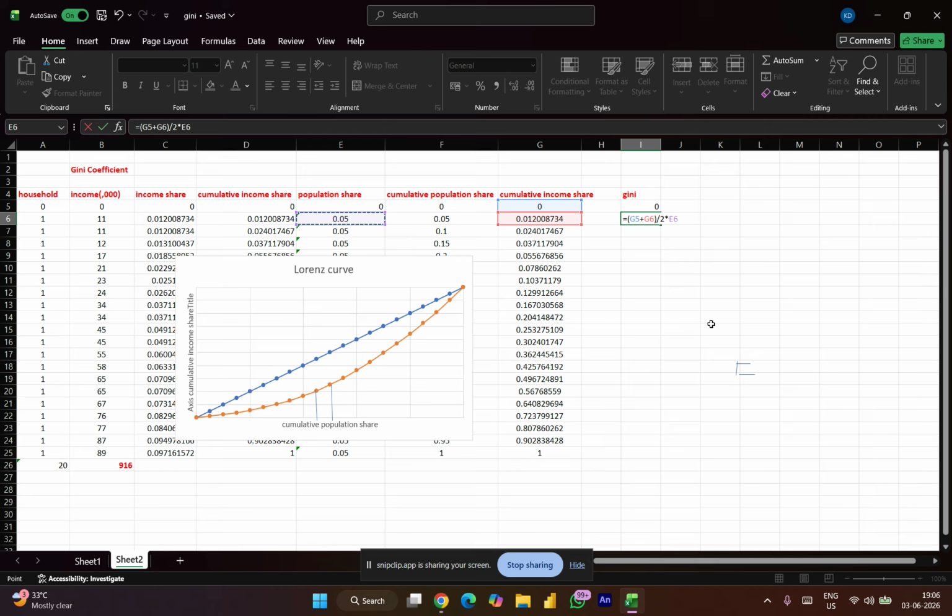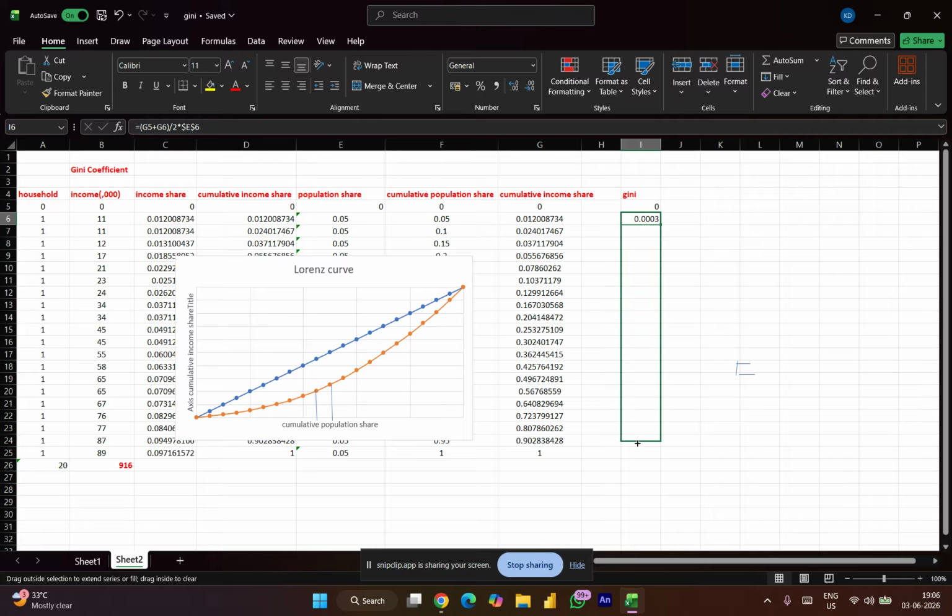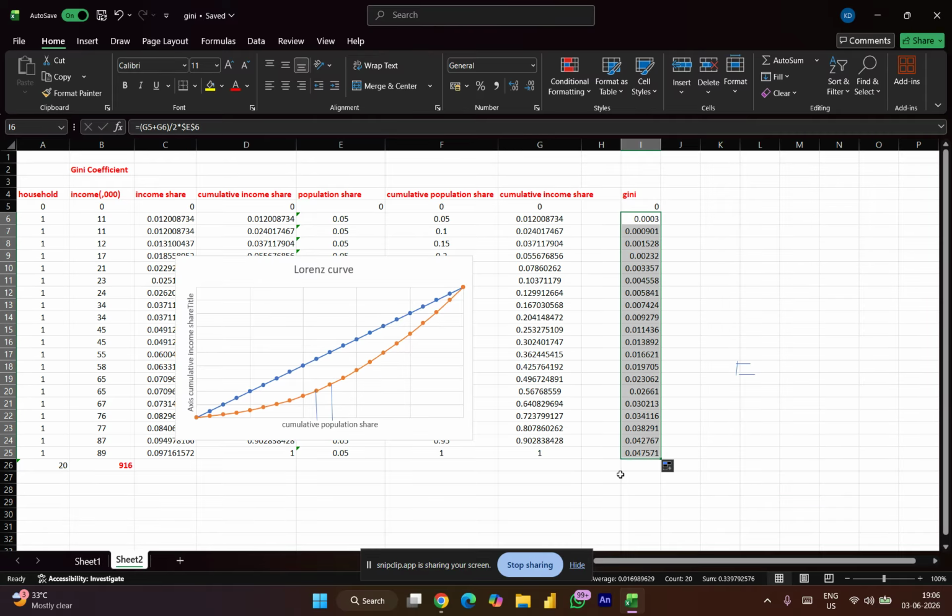Since we are multiplying by 0.05 in each case, we can put it as an absolute reference with a dollar sign, so that it will not change. In this way we can calculate the area below the red Lorenz curve line.